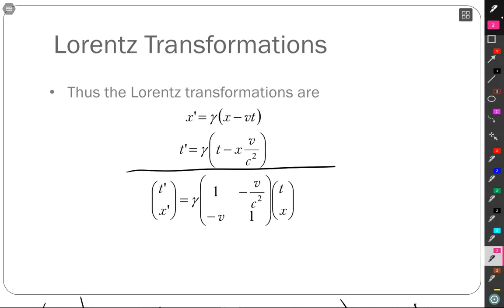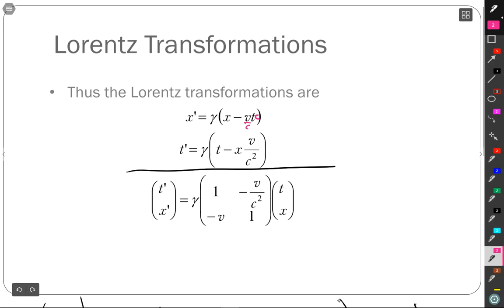So what I'm going to do is quickly say, how would these equations change if I put the C there? If I put a C there, it's going to change it like that.